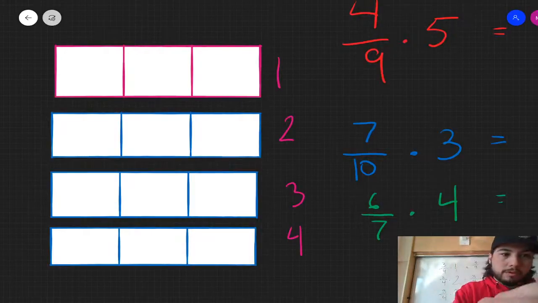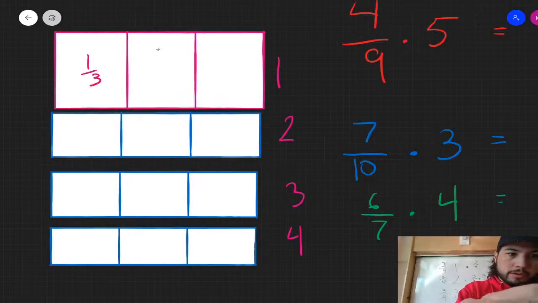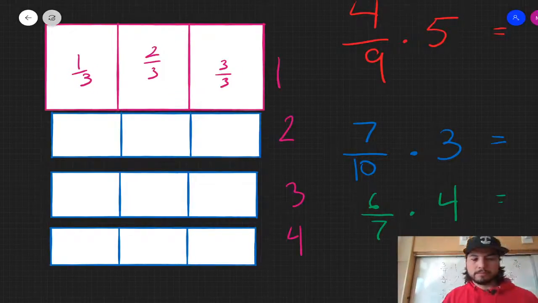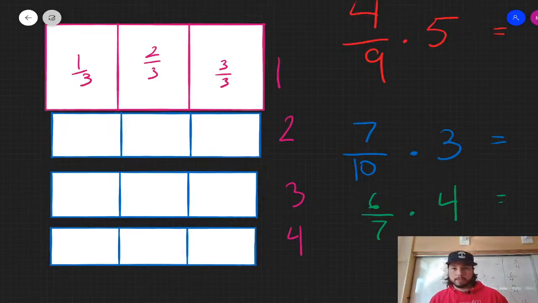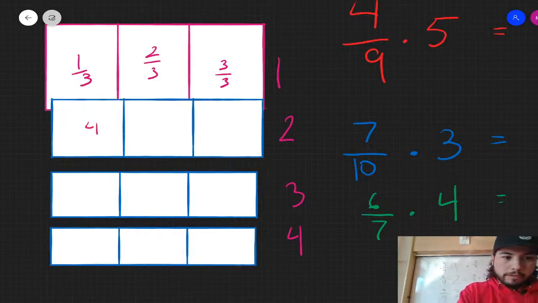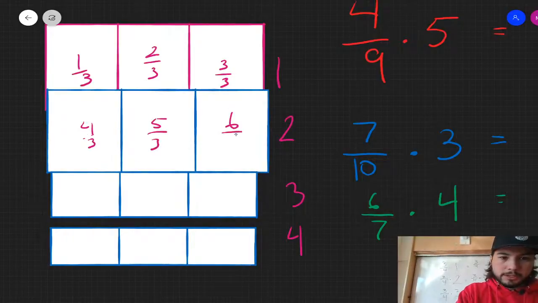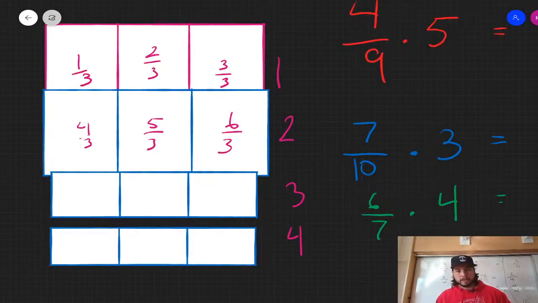So we have 1/3, 2/3, 3/3. Right? Let's keep counting our thirds. 4/3, 5/3, 6/3. All right, so we have 6 pieces, each one equal to 1/3.